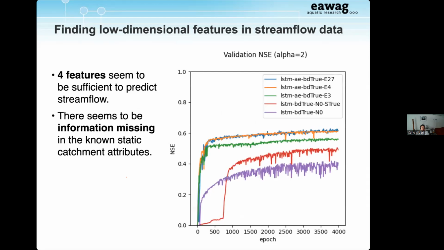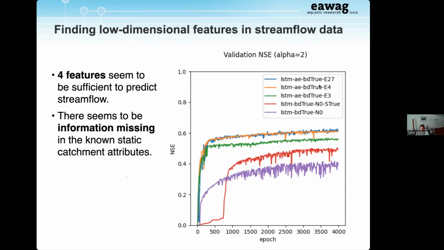So first of all, we found that you only need something like 4 features to predict the stream flow or the river runoff very well. So it seems that apart from the meteorological information, rain, etc., there's only 4 additional features in the runoff that comes from the catchment properties. And we saw that also again by basically brute force.